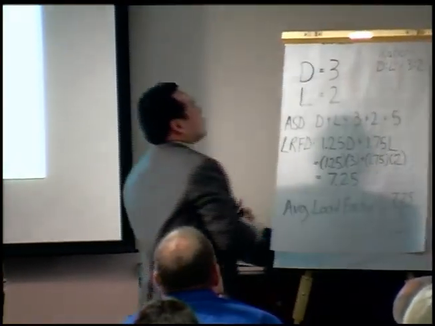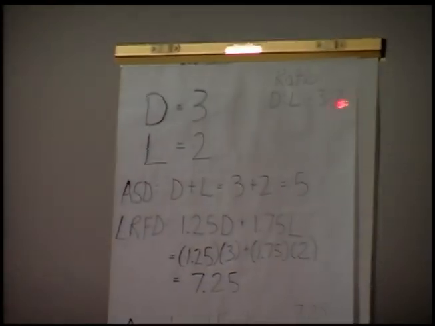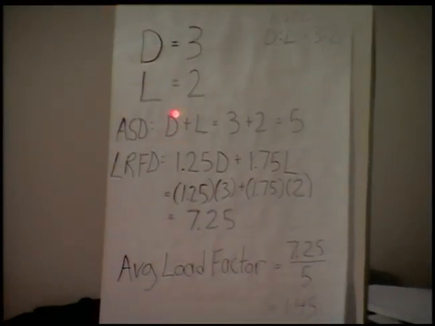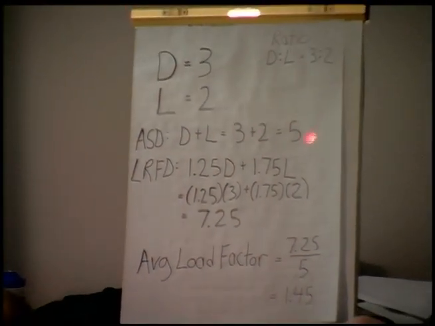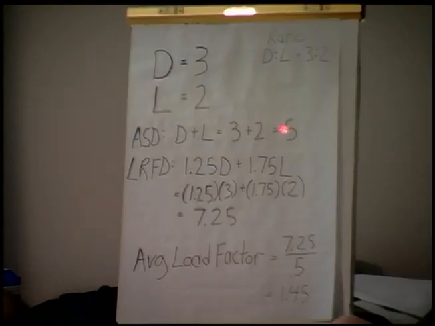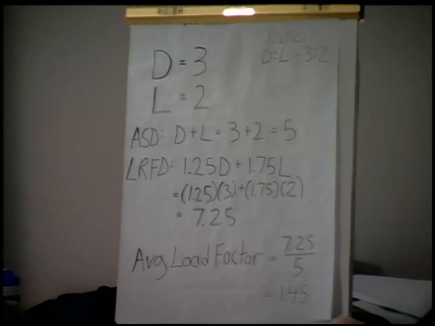All right. So let's say we have a ratio of dead load to live load of 3 to 2. Right? And in ASD, dead load plus live load is a ratio of 5: 3 plus 2 equals 5. But in LRFD, we have a load factor applied to the dead load and the live load. Okay?